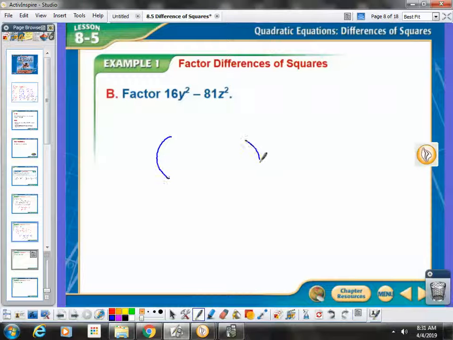Let's go ahead and set up our factor form. We know one parenthesis is going to be a plus, and the other is going to be a minus. Just take the square root. What is the square root of 16y squared? 4y. So we're going to leave with 4y. What is the square root of 81z squared? 9z. We're going to follow up with 9z.